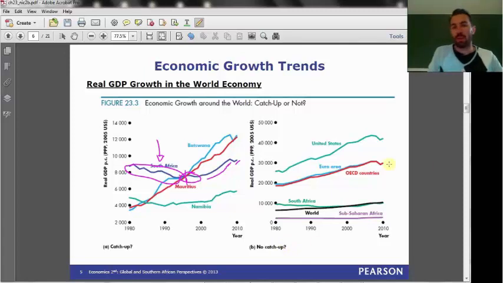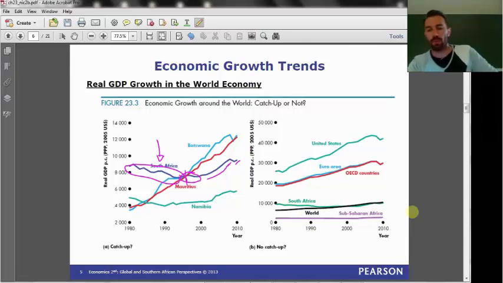Alternatively, we have the Euro area as well as the United States as examples of neoliberal, democratic, free market economies. And that's the kind of growth that they've had. And you can see the rest of sub-Saharan Africa also not particularly exciting.